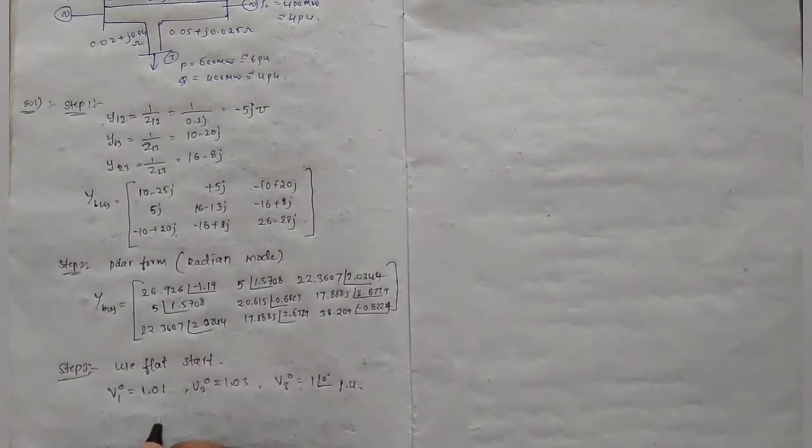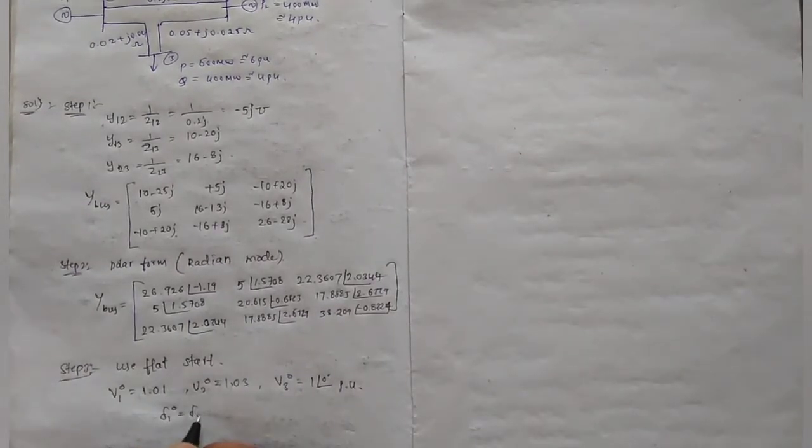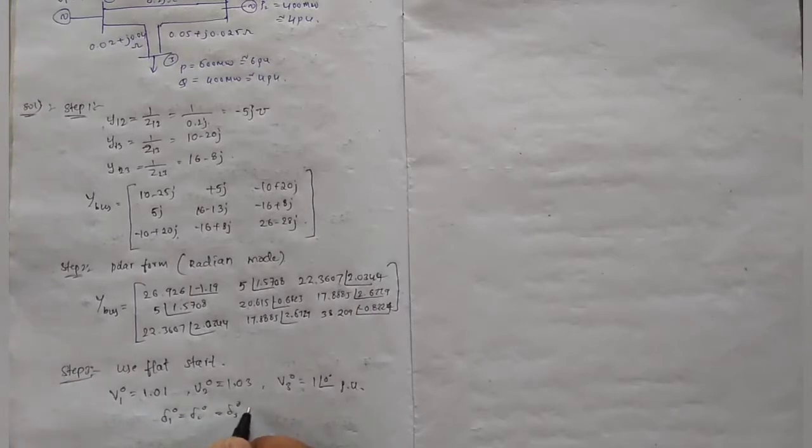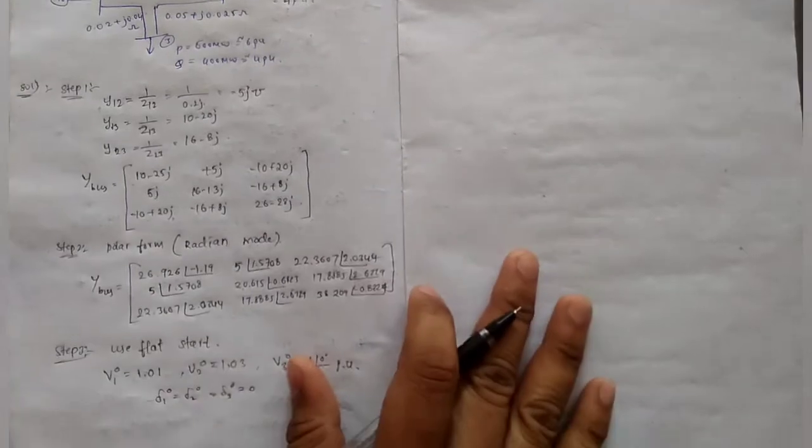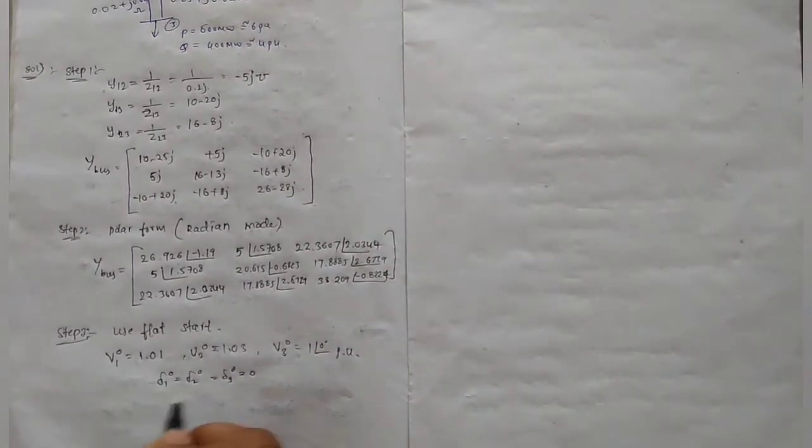And in the NRLF method, delta 1, delta 2, delta 3 is equal to 0. This is the extra step in the NRLF method. The initial angle of voltage will be 0.